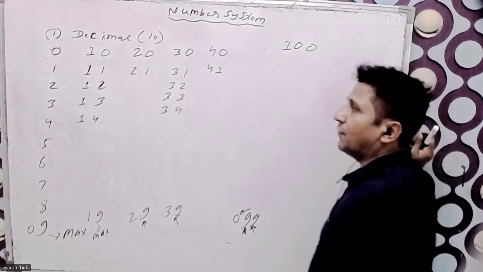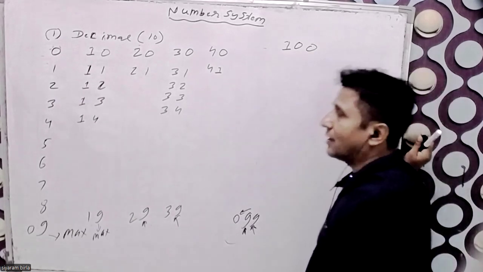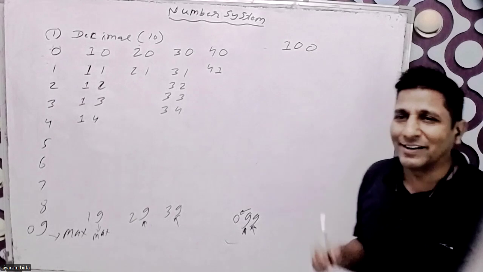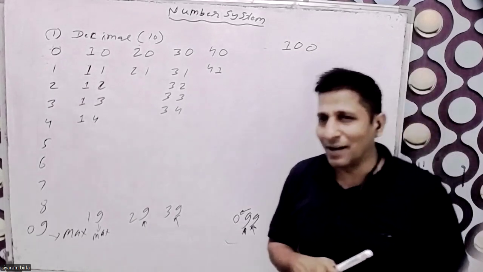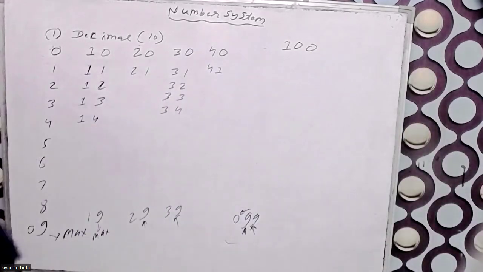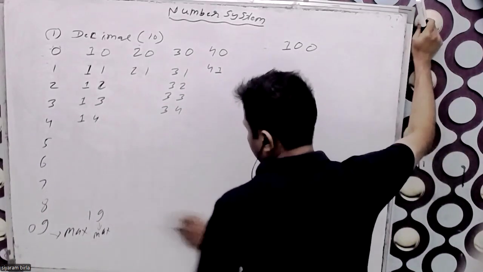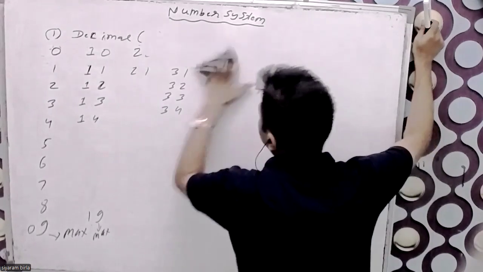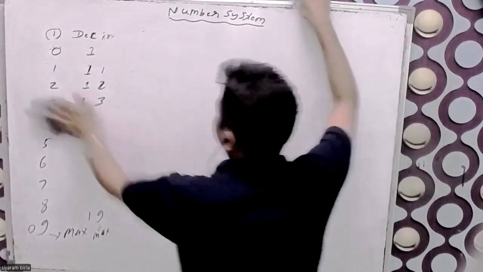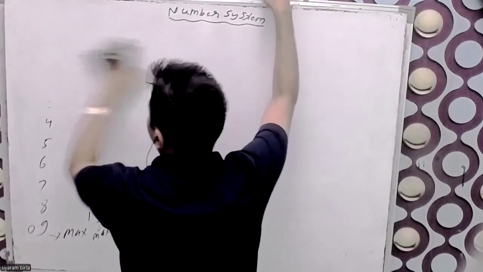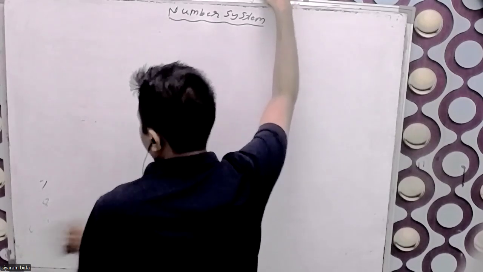A similar concept applies to all the number systems, and I will write them all. That is decimal, very well. From our childhood we have been learning that counting, so everyone should know it.